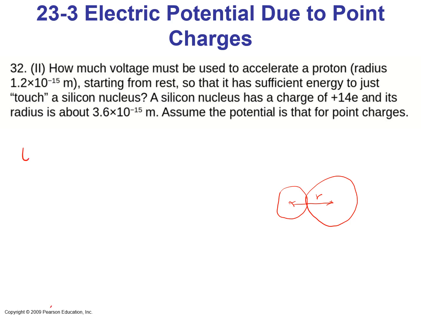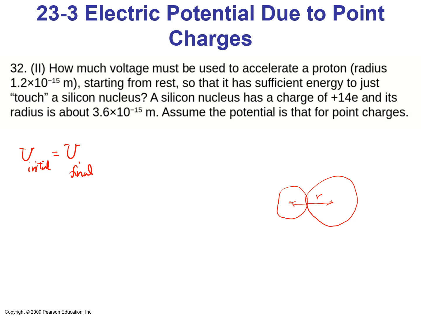So we say the initial potential energy should be equal to final potential energy, and we don't have any kinetic energy because it starts from rest and it touches a silicon nucleus. Finally it reaches at rest and doesn't have kinetic energy, just the potential energy conversion from initial to final.